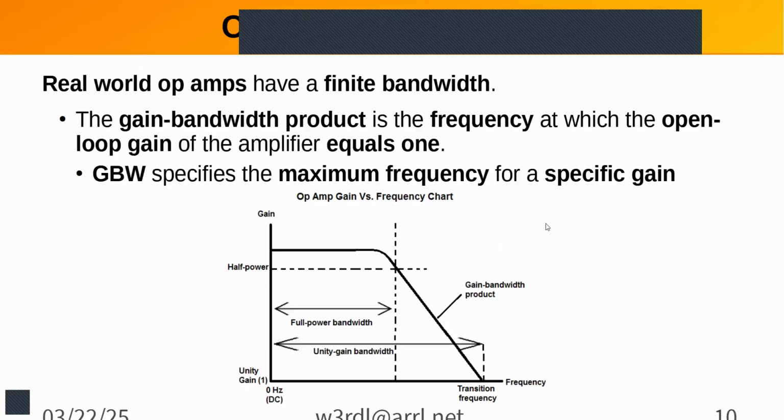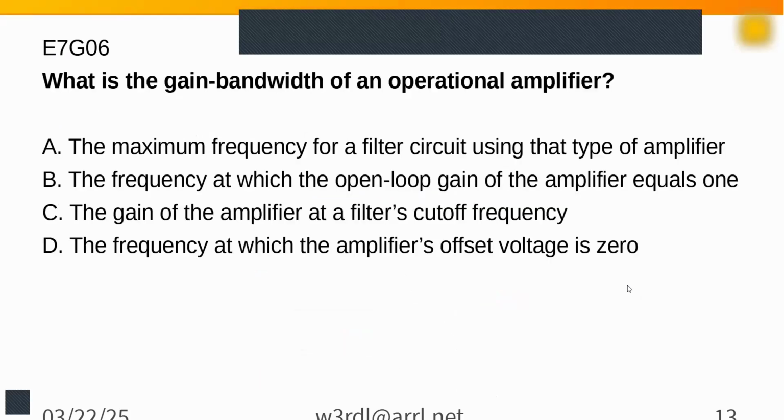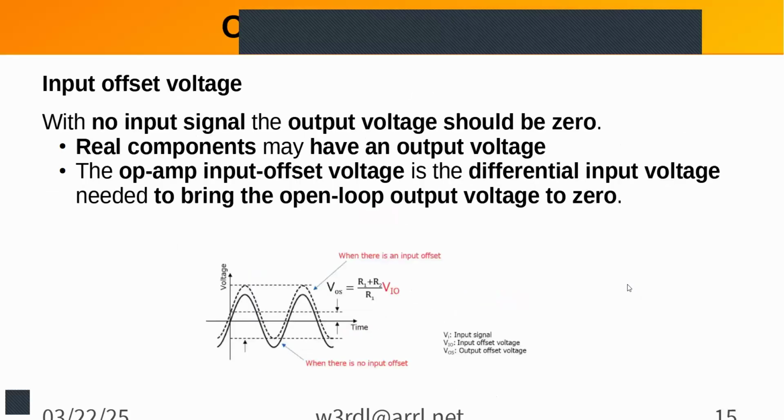Where's the open loop? Open loop gain. Open loop gain equals 1. Oh, I'm looking on the diagram there. Yeah, because I took that right off of the question, or the answer, I should say. You'll remember that one, probably.